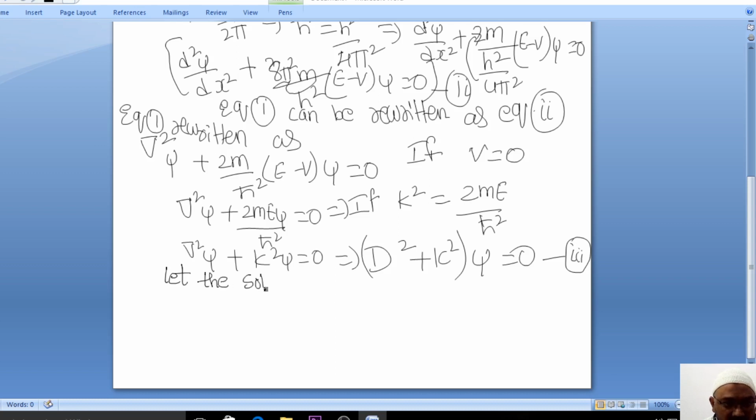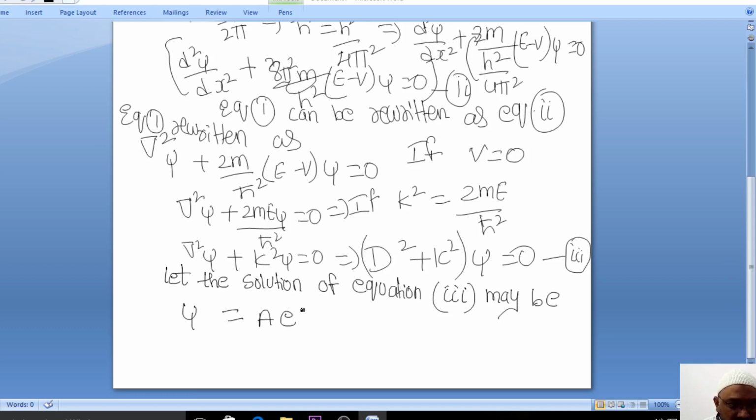Let the solution of equation 3 be, psi is equal to a into e to the power of ikx plus b into e to the power of minus ikx, where psi is the wave function.